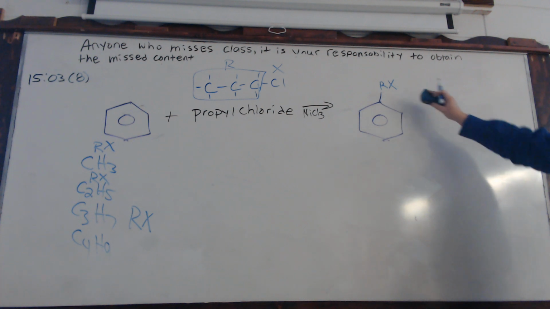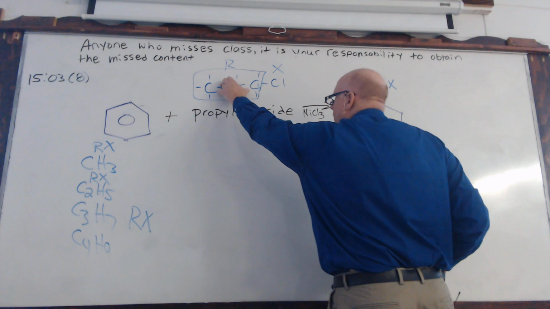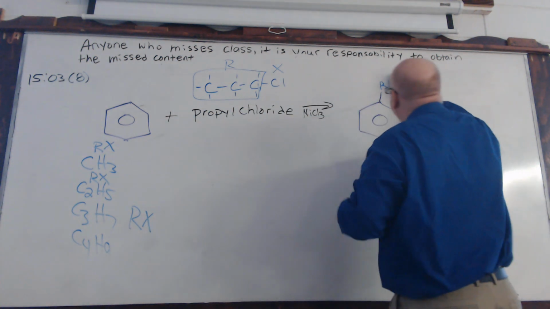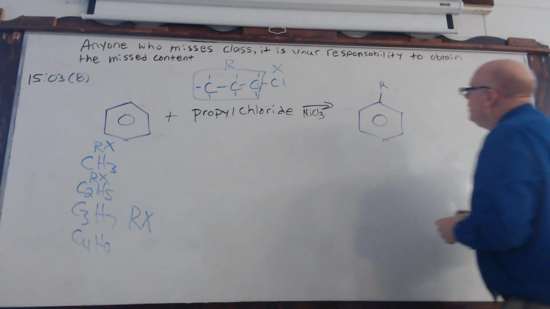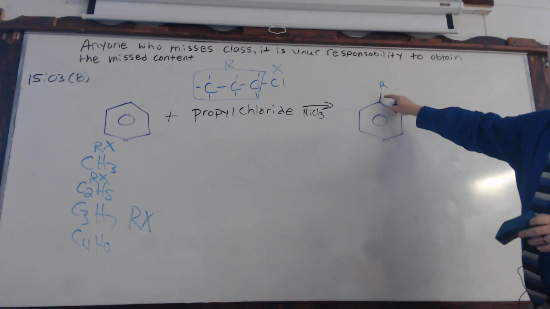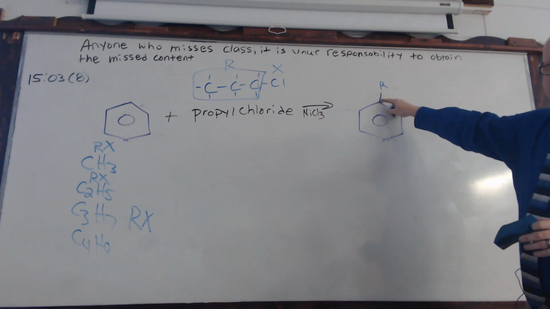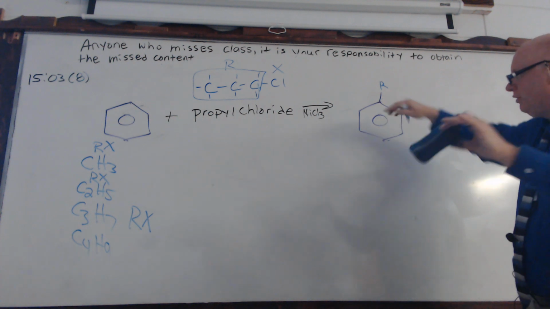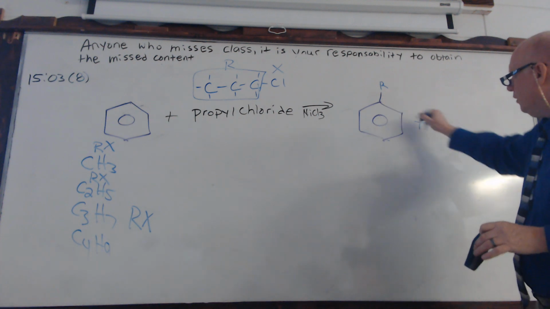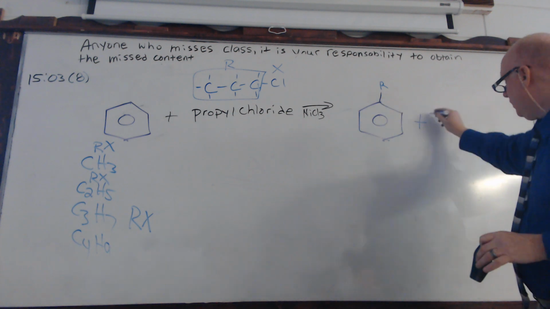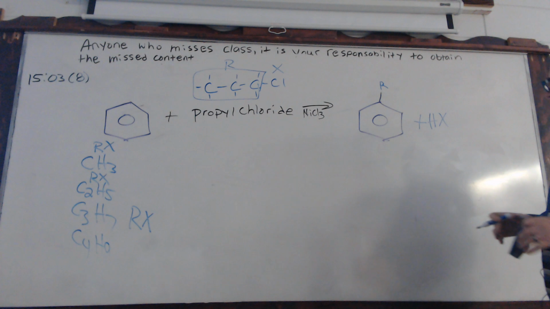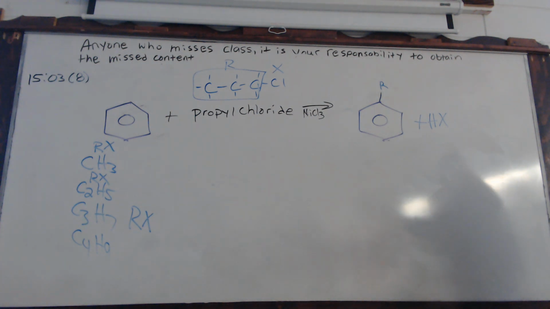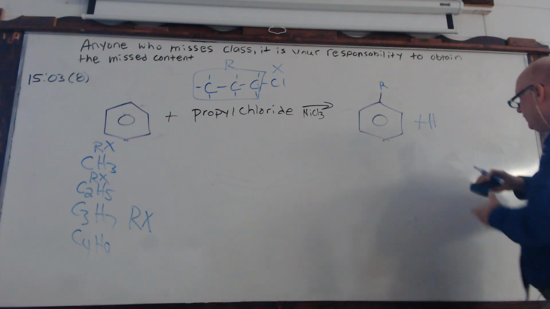So what we can presume is that if R attached here, which it does, and what was on here to begin with? A hydrogen. But, okay, so we're not quite putting it together yet. There was a hydrogen here, so we wouldn't write HX, because what is X? Excuse me. Right. HCl.